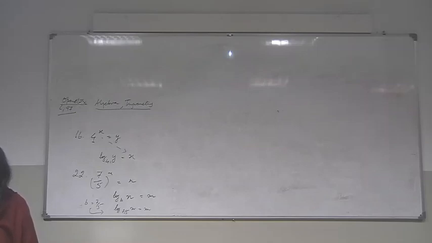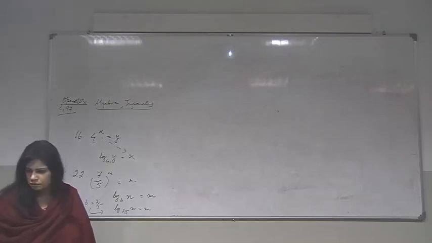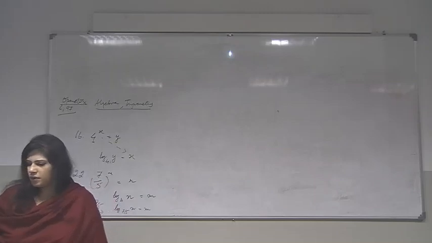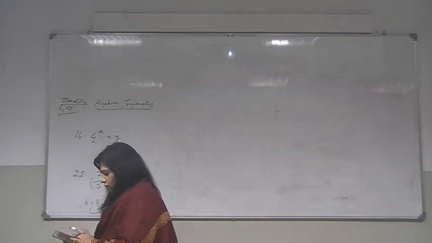For the following exercise, solve for x by converting the equation into exponential form. So we have, let's say, questions 32 and 33. I'll be requiring my calculator for this.